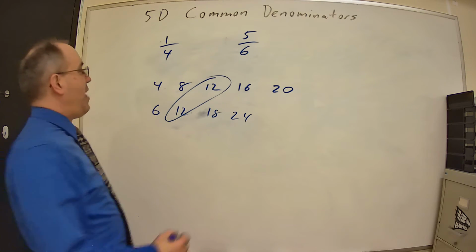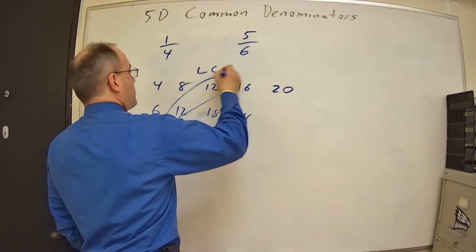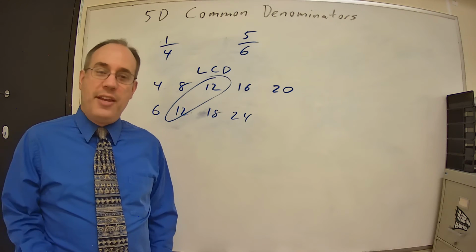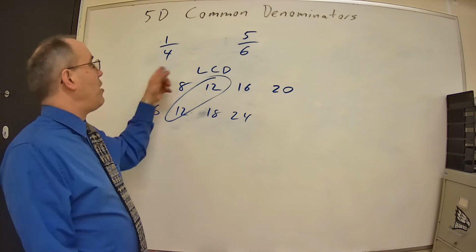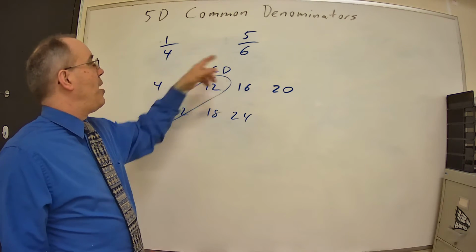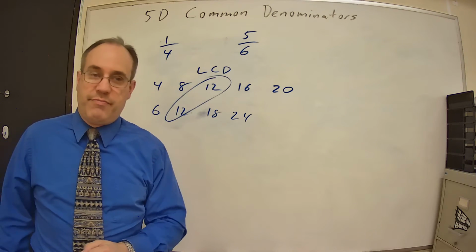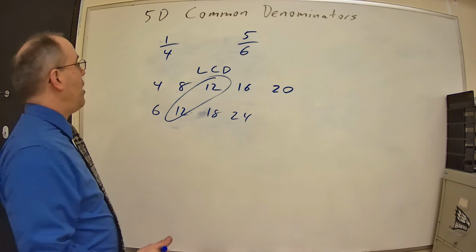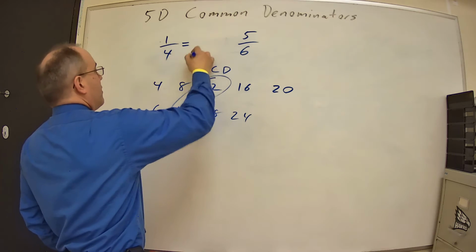And we can call that the LCD, the least common denominator. What's the smallest number that is divisible by both 4 and 6? Well, so we're looking for 12.